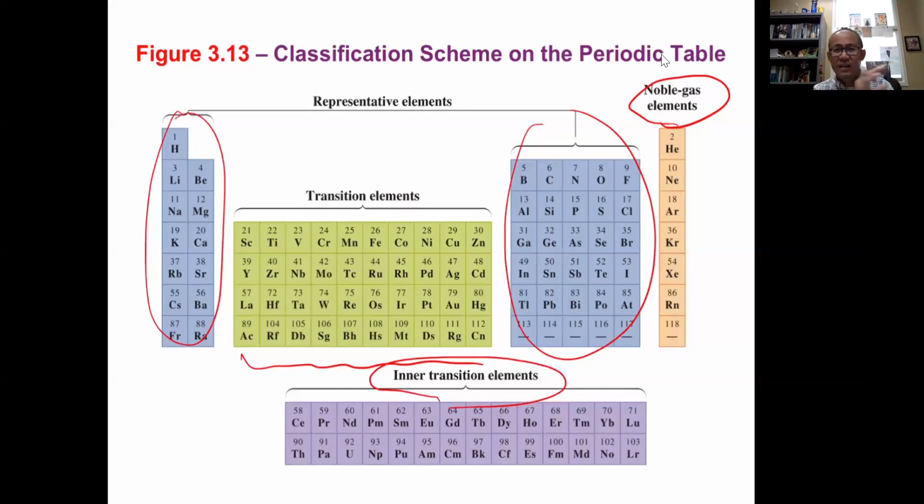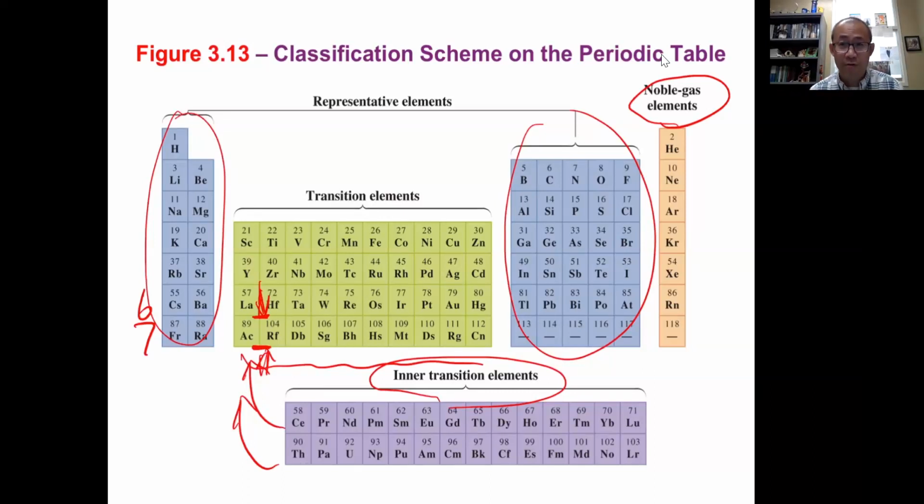Transition is kind of like a transit between metal and metal. But what is inner transition? If you notice, for periods 6 and 7, the atomic number jumps from 57 to 72, or from 89 to 104. There's a big jump, which means some elements are missing here. That's how these two rows are inserted into these two periods, and that's why we call these elements inner transition elements.